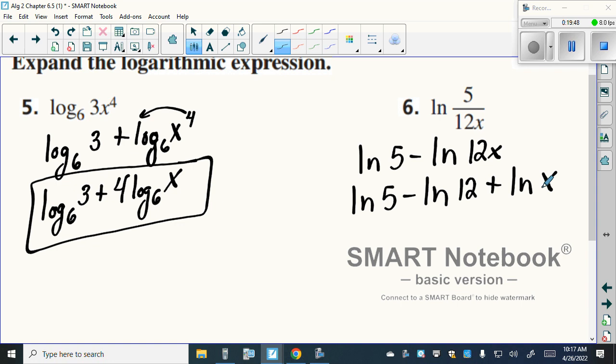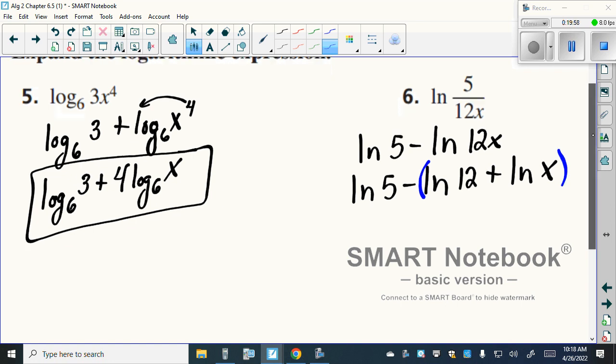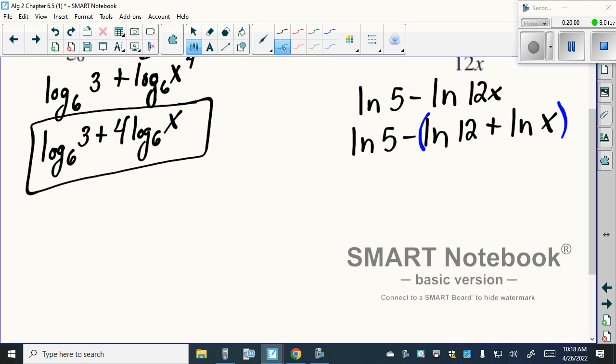No. Because again, since we split this up with that negative, we really need to consider both of those in parentheses. Because that negative is attached to both. So really what we're looking at is ln of 5 minus ln of 12 minus ln of x.